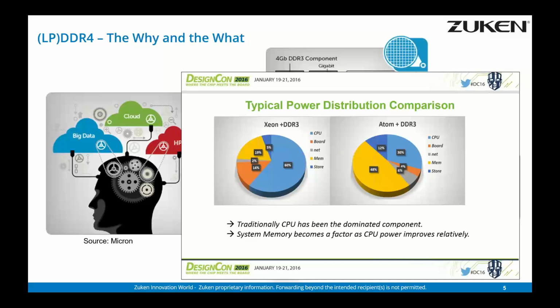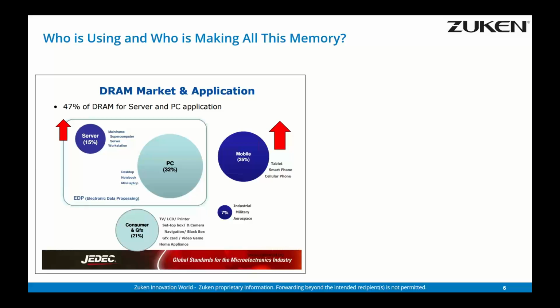And meanwhile, half, and I would suspect 5 years later even more, half of the power is consumed by the memory. And that's quite interesting. So if we can reduce the power consumed by the memory devices, you can improve the power performance of your overall product significantly.